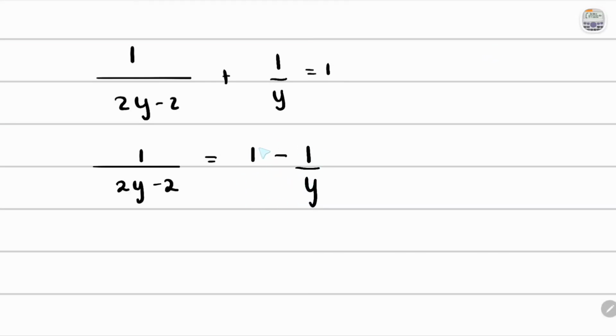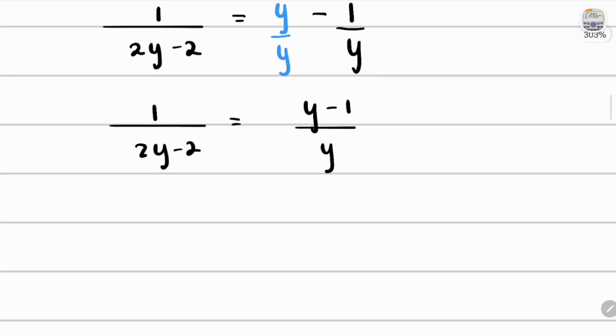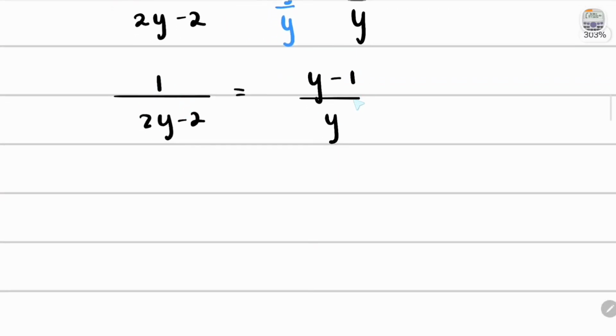So instead of this being 1, you could represent it in a way that its denominator is also y. It's like multiplying the numerator and denominator by y, so you're changing that to y over y. Okay, so what we have now is we still have this 1 over 2y, but that's going to simplify. So now you have y minus 1, and the denominators are the same, so you can write them under the common denominator of y.